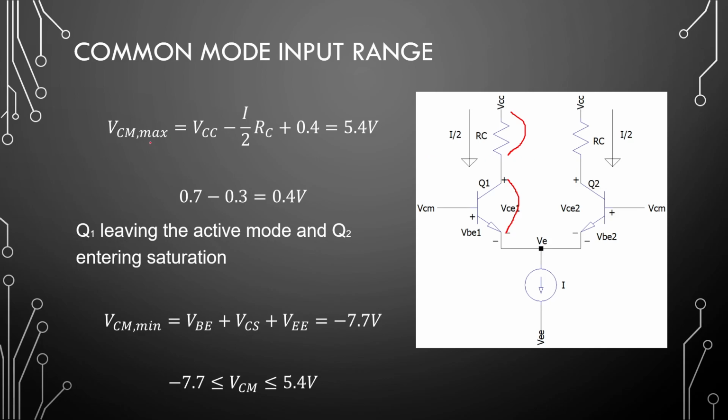So our maximum common mode voltage is 5.4 volts, and our minimum is, when we are looking at the loop down here, VBE plus our current source drop plus our VEE, is minus 7.7 volts.